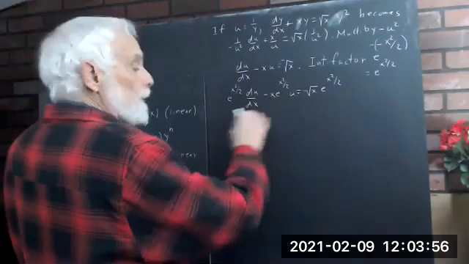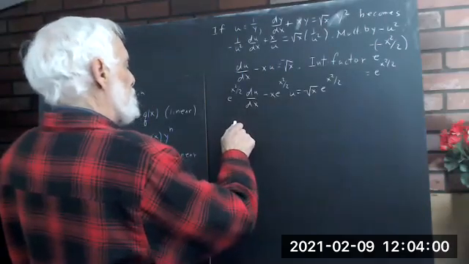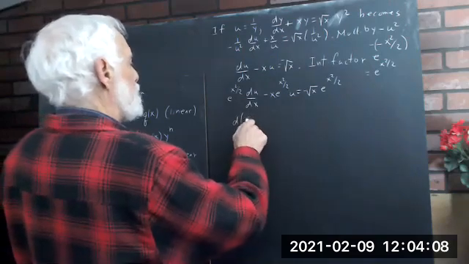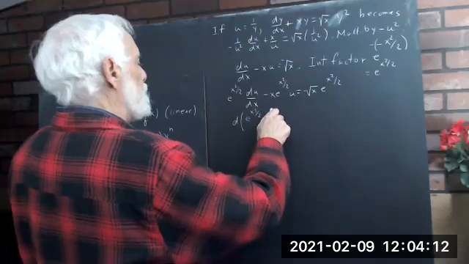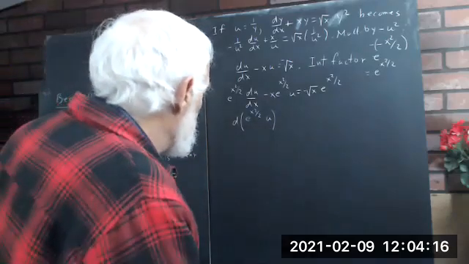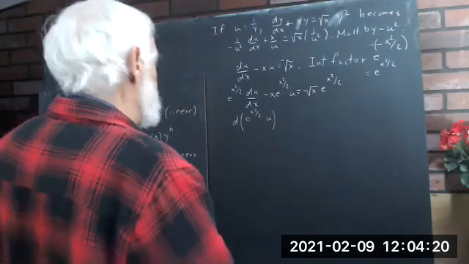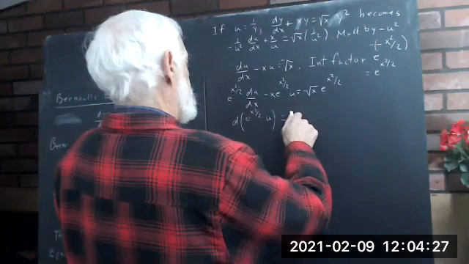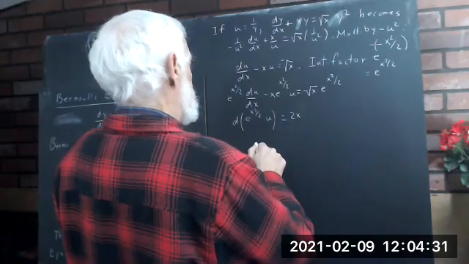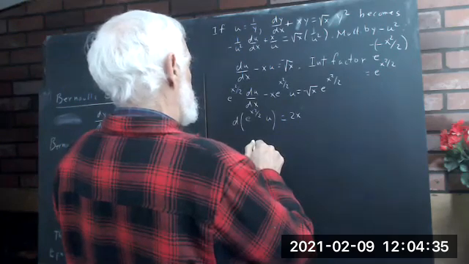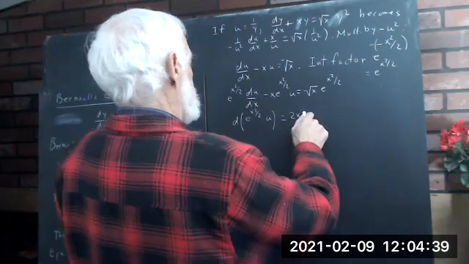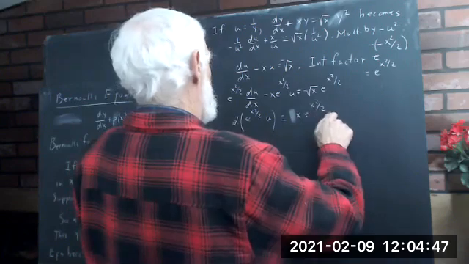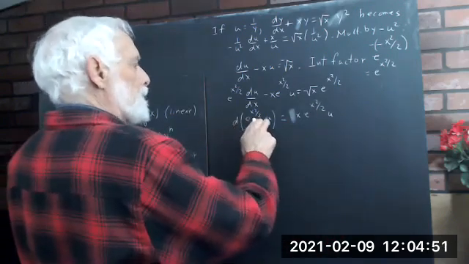Let's make sure. We want to check this. Okay. Is this the differential of e to the x squared over 2 times u? Okay. And that differential is going to have a negative sign here. Okay, derivative of this times u.